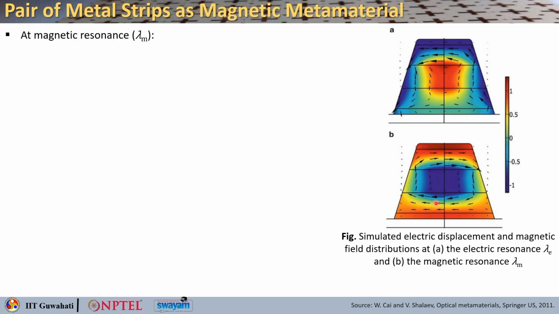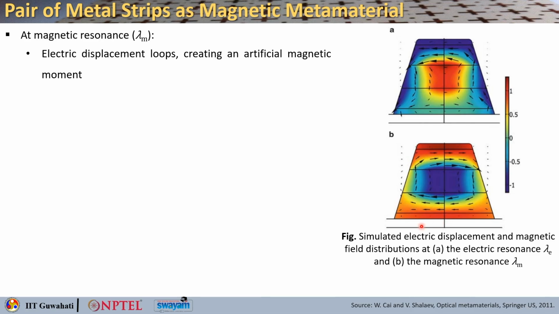Now, let us take one by one. In this particular case of B, where you are seeing the magnetic resonance, at the magnetic resonance at lambda m, you can see that the electric displacement is basically forming a loop.